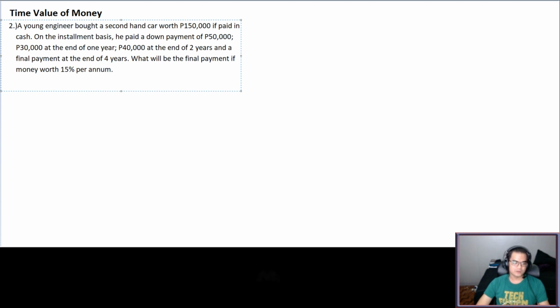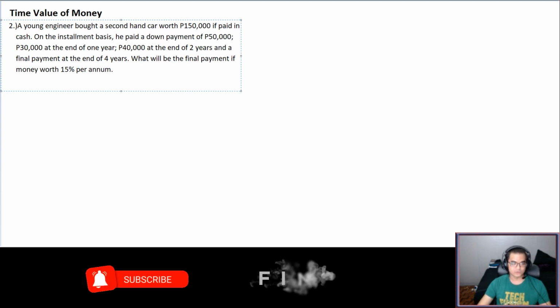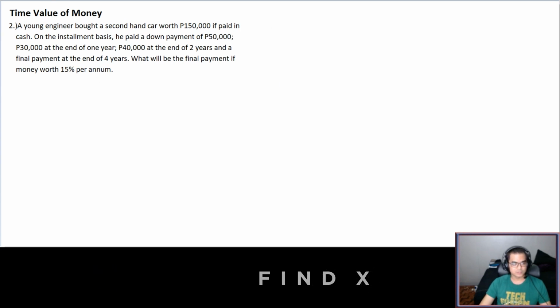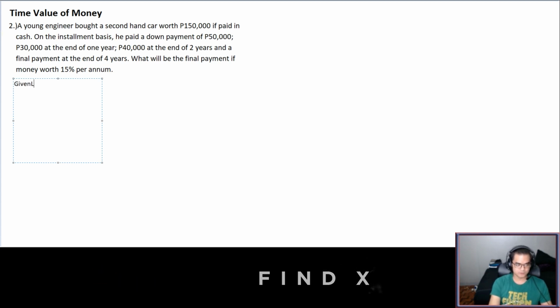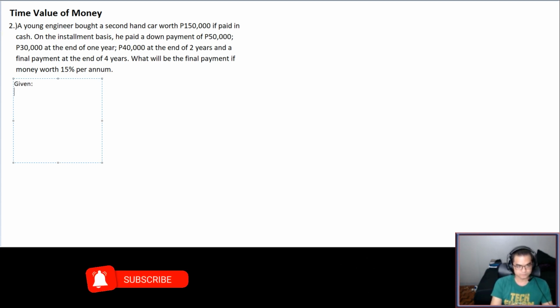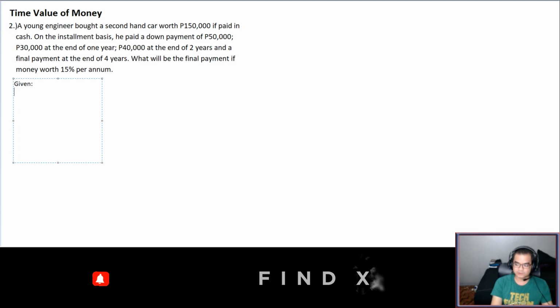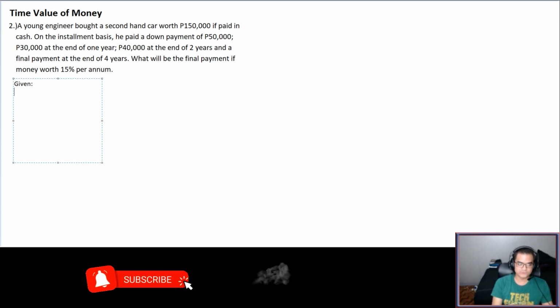Okay, so how many years is that? That's just 4 years, so I can easily construct that. Let's just put the givens first. Always put the givens first. The total worth of the car is 150,000 if paid in cash.